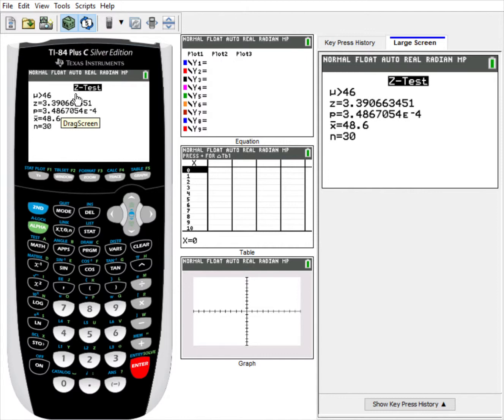When writing this down on the test or on the homework, I'm interested in the z-test, all of the statistics that you put into your calculator, the null and the alternative hypothesis, the z-test statistic. If you're using a p-value, then the p-value, and if you're using a traditional method, the critical value.